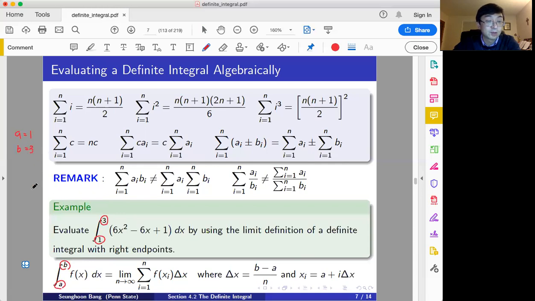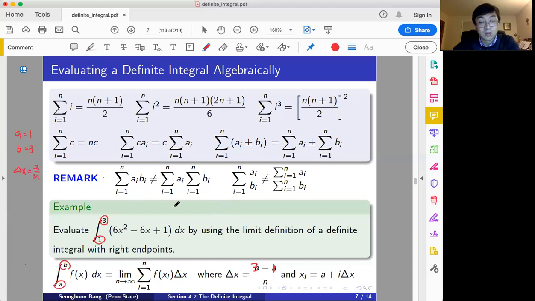Next, you can find delta x by plugging b equals 3 and a equals 1 into the formula. So delta x is 3 minus 1 over n, which is 2 over n.